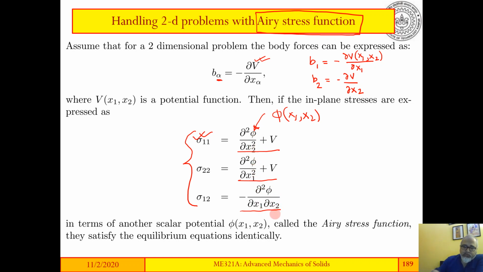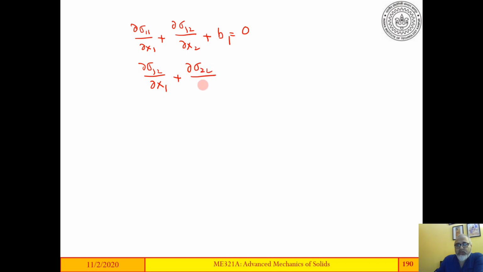What is the advantage of doing this? Remember that we have two relevant equilibrium equations now. They are del sigma 11 del x1 plus del sigma 12 del x2 plus b1 equal to 0, and del sigma 12 del x1 plus del sigma 22 del x2 plus b2 is equal to 0.